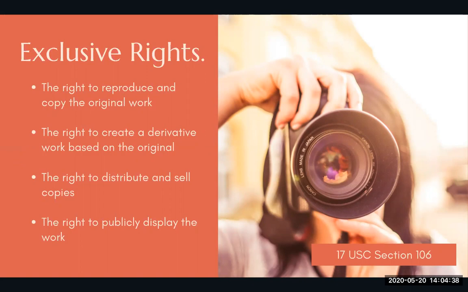I can create additional works based on that original work, something that's derivative. I can sell it, distribute it, lease it, you name it. And I have the right to publicly display the work. All these rights are exclusive to me as the creator, and this is outlined in our federal copyright law.